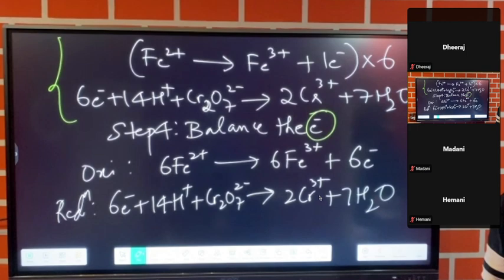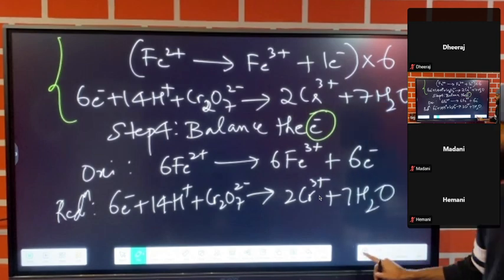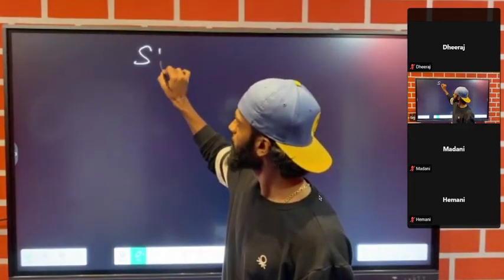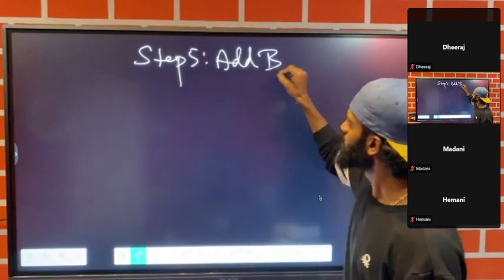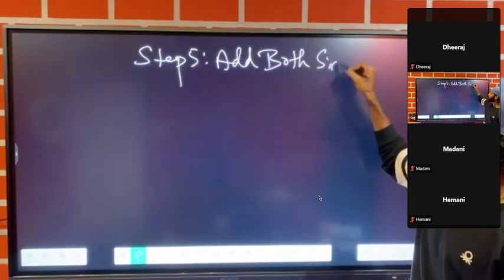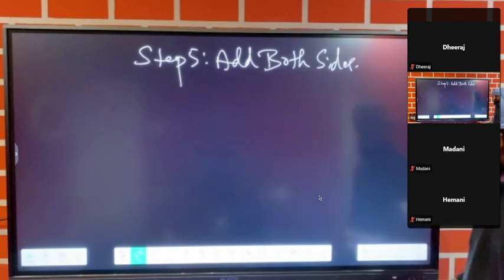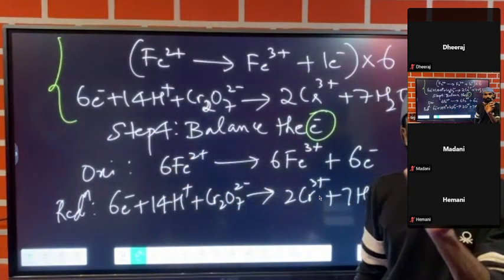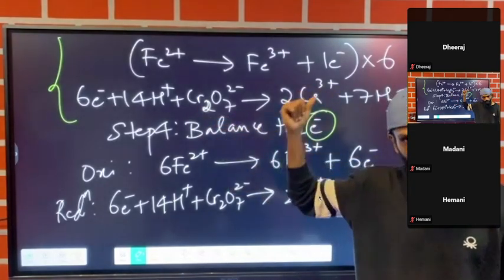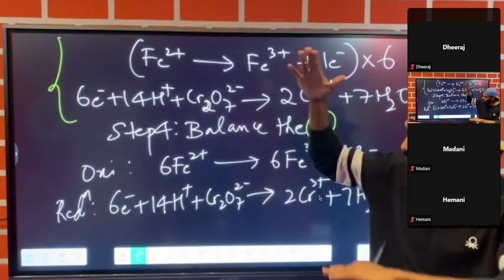After doing everything, I'm supposed to add them. I'll tell you what's the meaning of add both the sides. Add meaning, this is the only place, step number 5, where I combine the things.